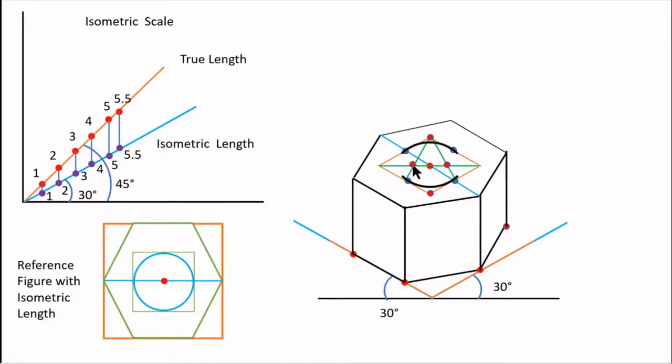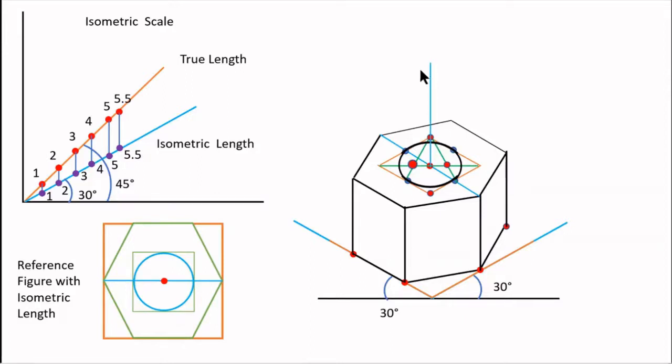Similarly, through the intersecting points I'll be drawing the arcs up to this center as a radius, and from this center which I have found, I'll be taking the radius up to the midpoint of the side of the rhombus and drawing the arc. This completes the isometric circle, and now I draw a vertical from the center of this rhombus.